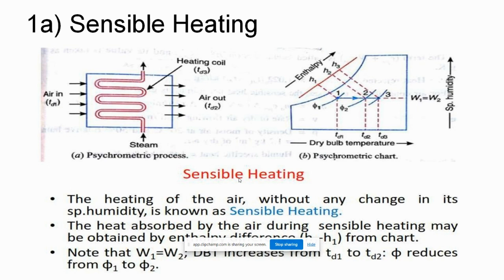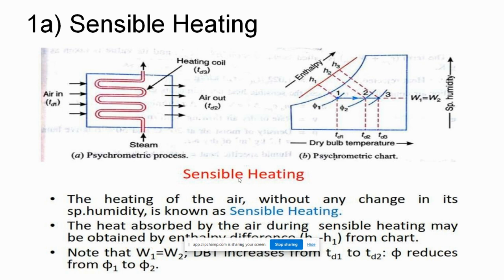In the first diagram we can see the stream entering the heating tube, passing at TD3, which is the coil temperature, and TD2 is the outlet temperature of the air. The first temperature is TD1 and the outlet temperature is TD2, and TD3 is the tube or coil temperature.